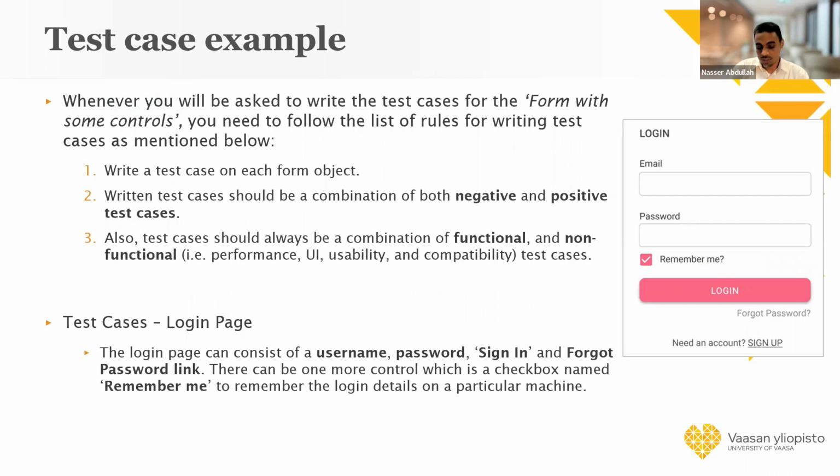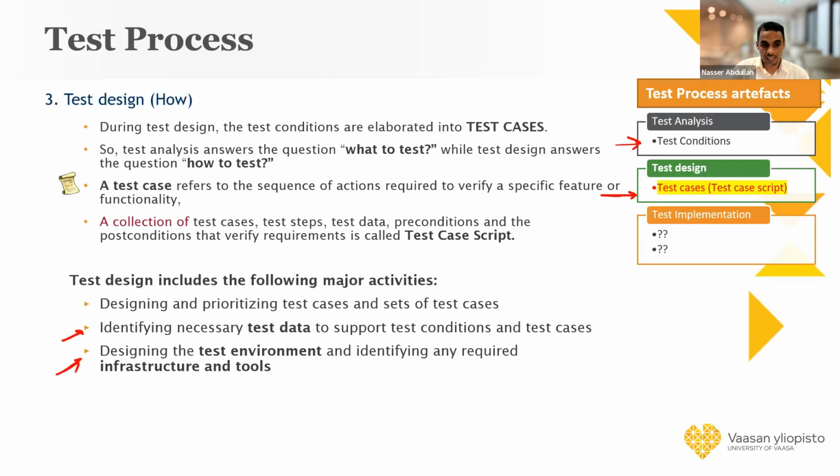Before we go on, this is the definition of test cases. Test cases refer to the sequence of actions required to verify specific features. We now have the testable features. I want to test them, so what actions are required to test those features?